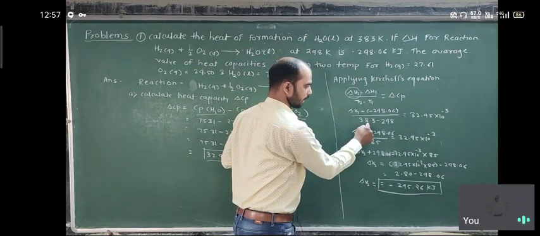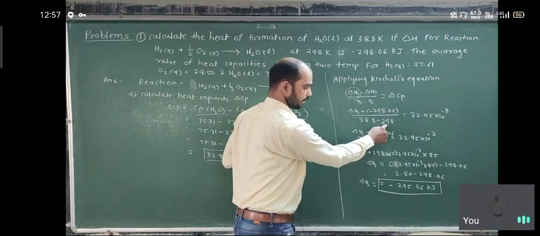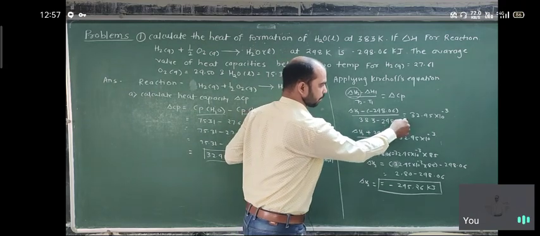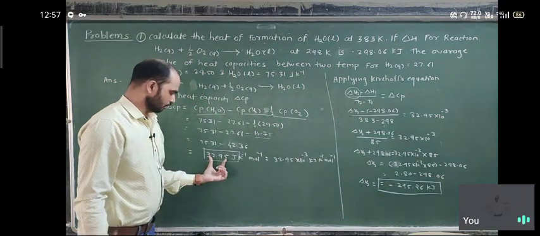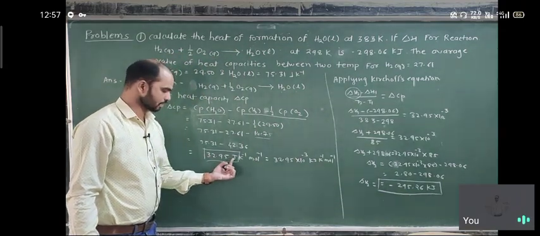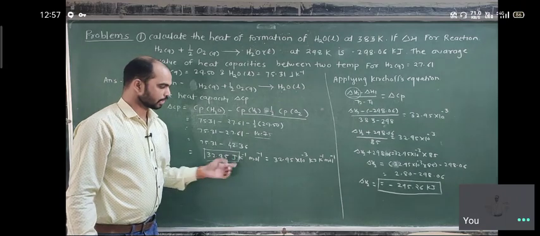minus 298.06 upon 383 is T2, T1 is given 298, is equal to, so here we convert the change in heat capacity, it is given in joule, we convert into kilojoule.